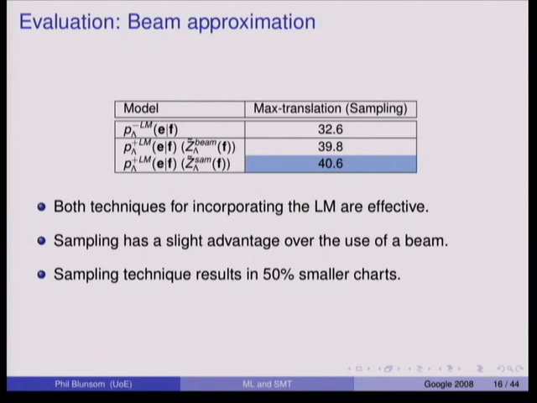Does the beam include the language model? Yes, it does. So both those bottom two are including a language model. So, comparing those two solutions, you have a beam search chart of the sparse forest, and the sampling-based sparse forest. Can you do some statistics on those two, comparing them, to see what's happening? You could do so.